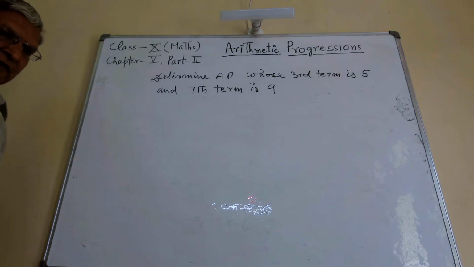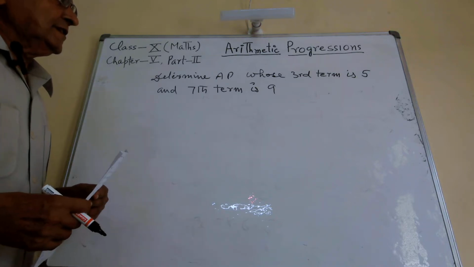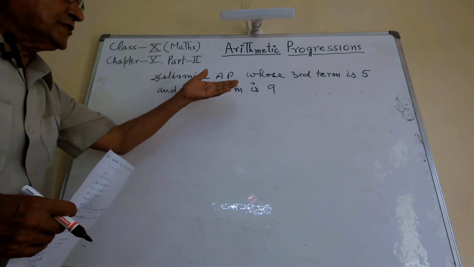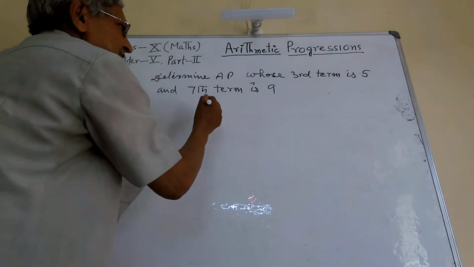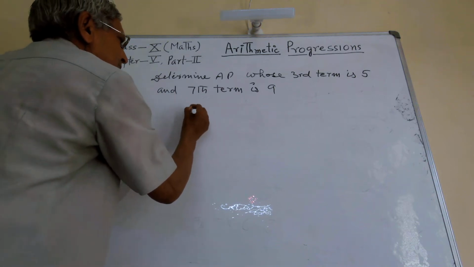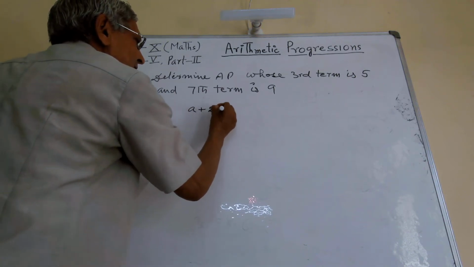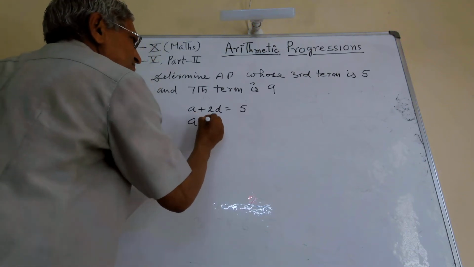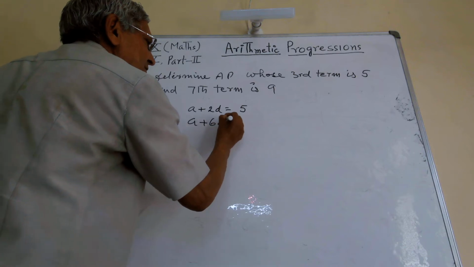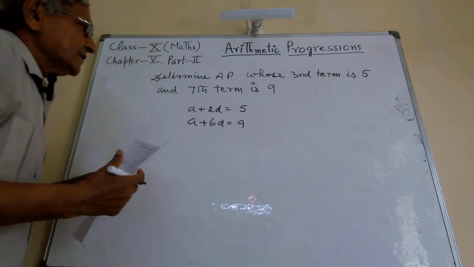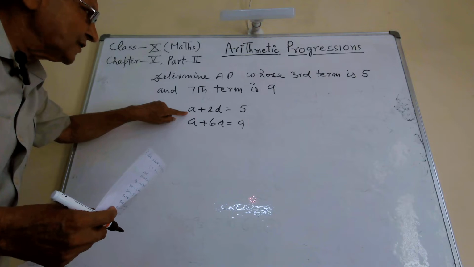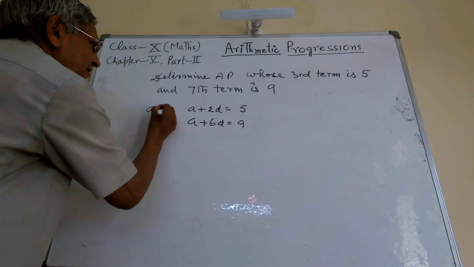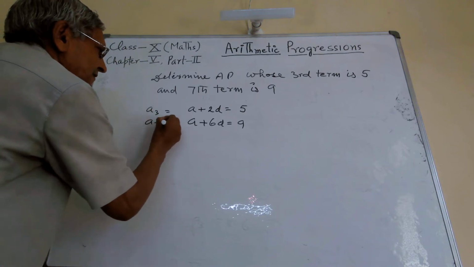As we have discussed in the first part, how will you find the terms? Third term, according to the question, a plus 2d is equal to 5. A plus 6d is equal to 9. This is the third term, this is the seventh term, you can say a3, a7.